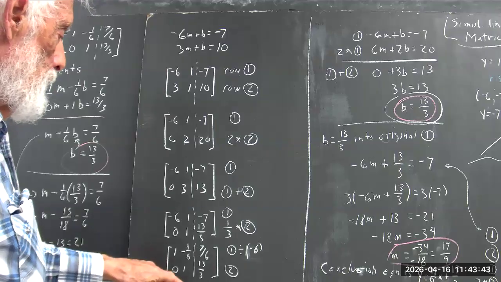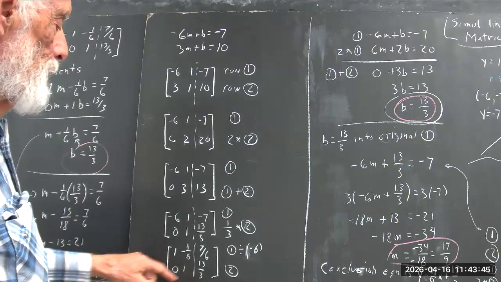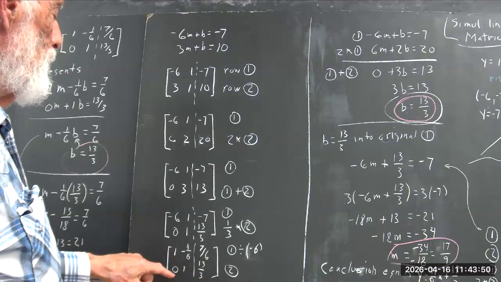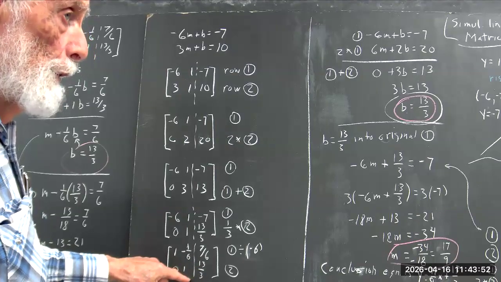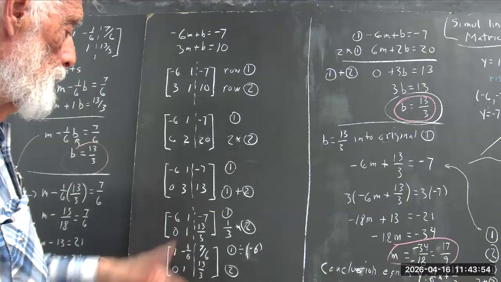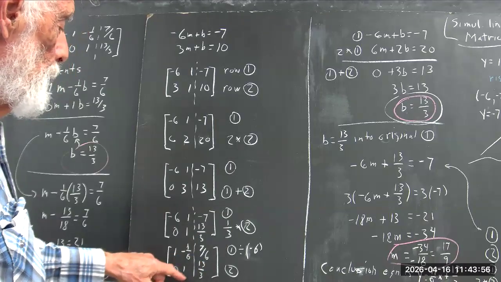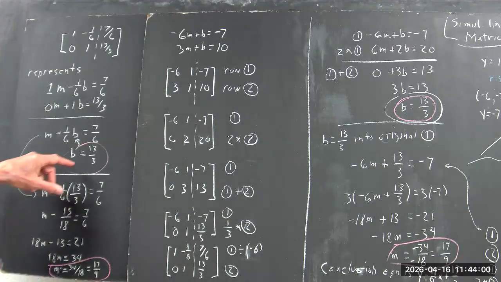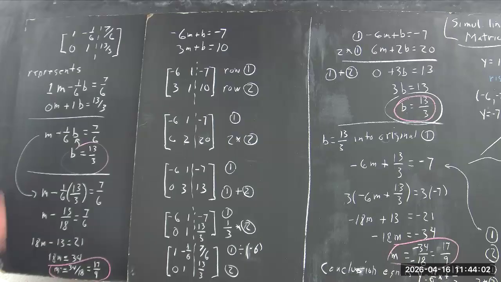Okay, so we conclude from the second equation, well, the row 0, 1, 13/3, 0 is a coefficient of m, 1 is a coefficient of b, 13/3 is to the right of the equal sign, therefore corresponds to the equation b equals 13/3.